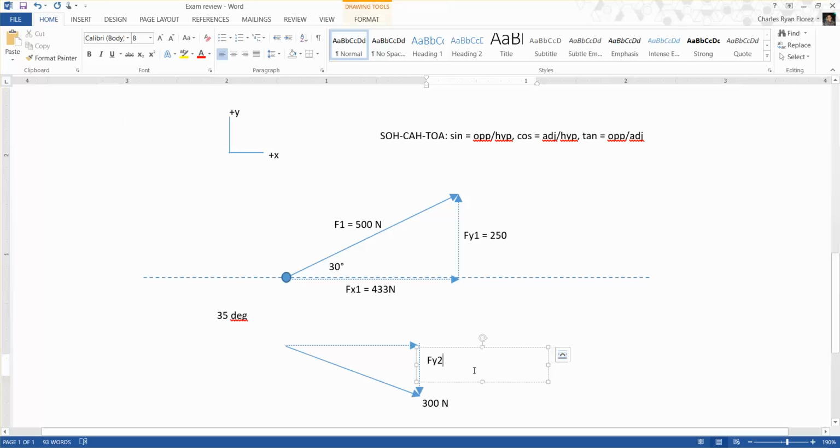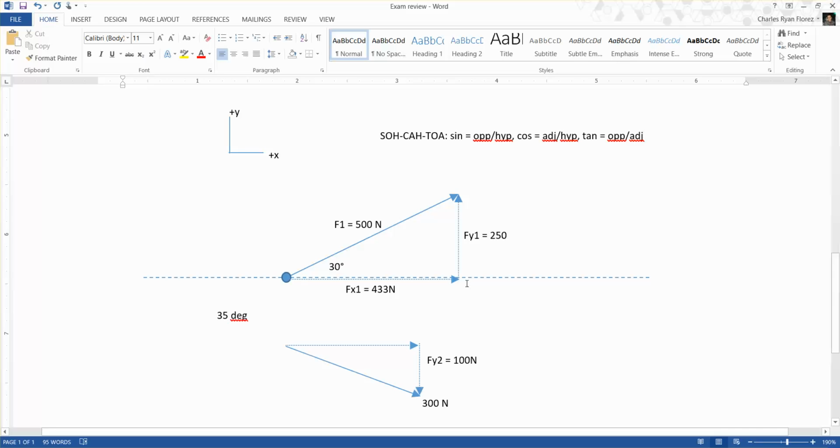So we'll get some value for it. Let's say it's 100 newtons. So when you add the y components together, you won't straight up add 250 and 100, because this 250 will be going in the positive y direction, this 100 will be going in the negative y direction.